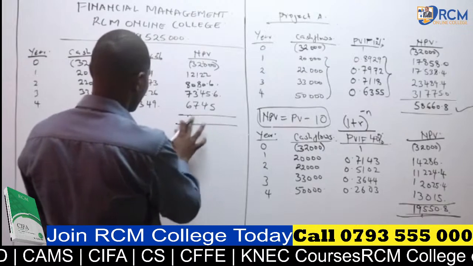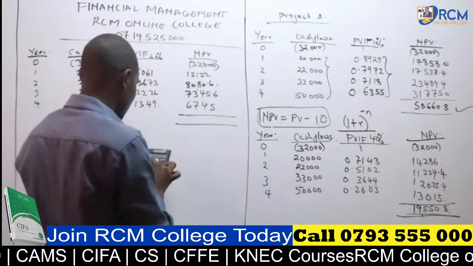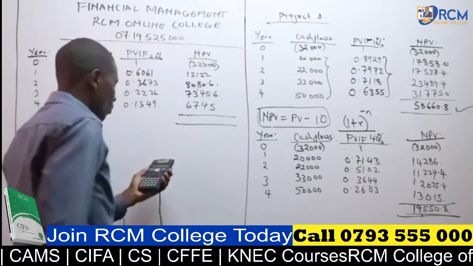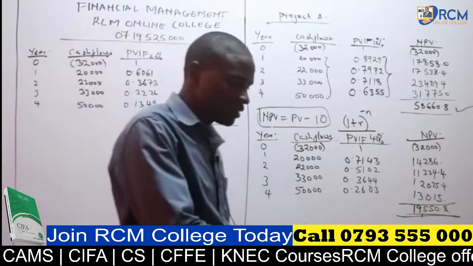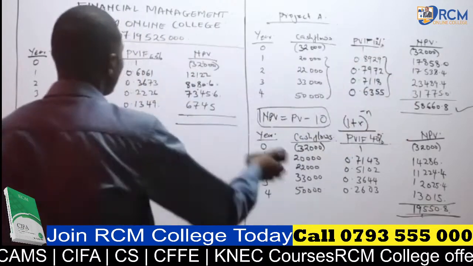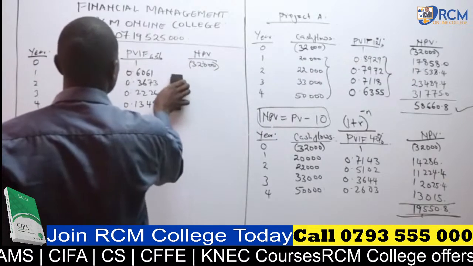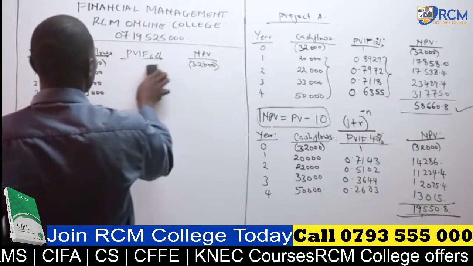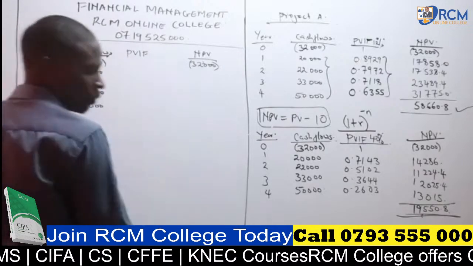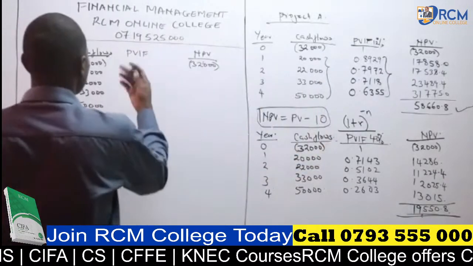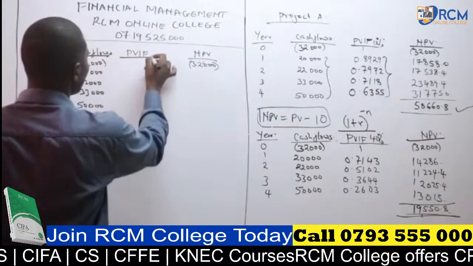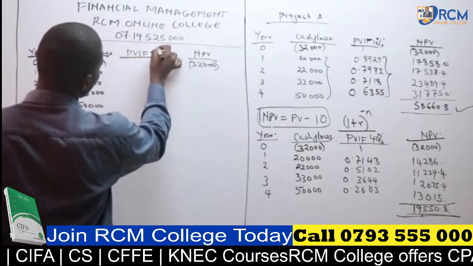Now if this is 34, I minus 32,000. Wow, 22,993. So 70 will give me that. 70% or 75. Let me use 75. The examiner will give you something that at least will work, let me go with 75%.